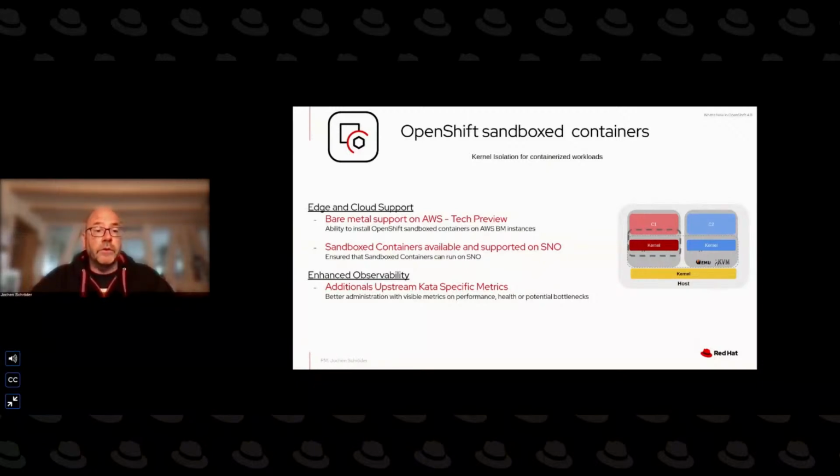Next, single node OpenShift is now fully supported and available with sandbox containers. Besides that, we are making your life much easier with enhanced observability options to assist your administration with visible metrics on performance, health, potential bottlenecks, and a lot more. That's what comes with 4.11. Stay tuned, and handing over to the next presenter.